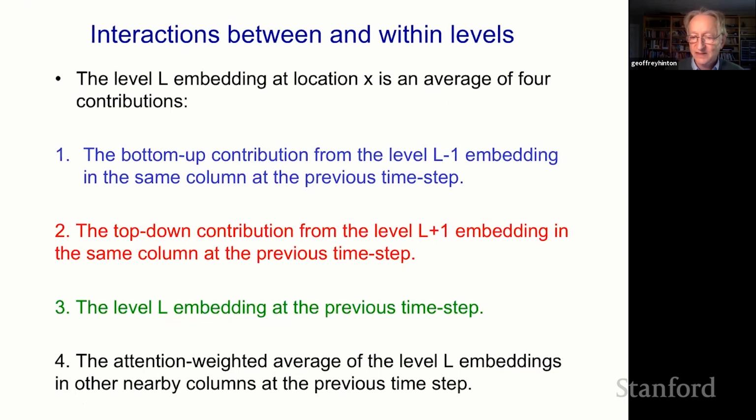We just have this one vector. So now, all you're trying to do is make the level L embedding in one column be the same as the level L embedding in nearby columns, but it's going to be gated. You're only going to try and make it be the same if it's already quite similar.